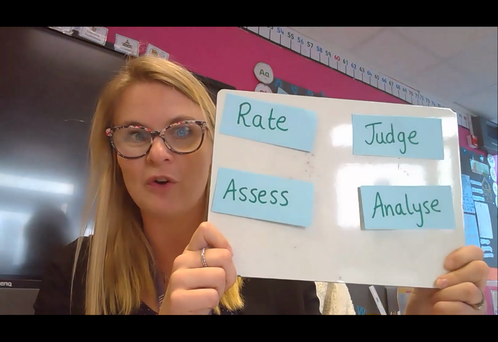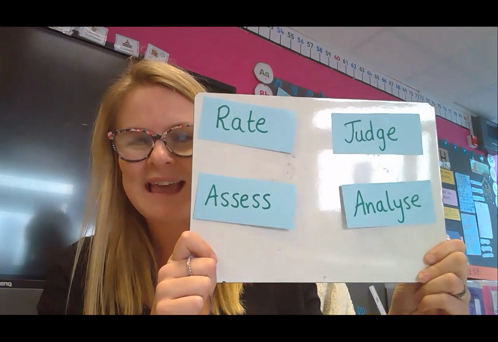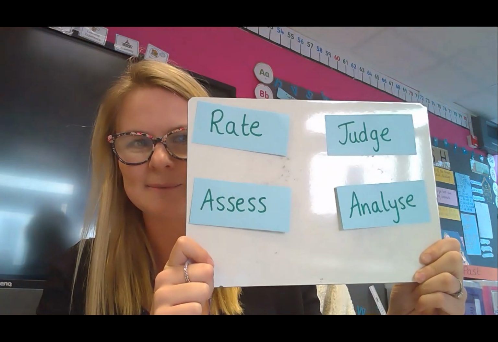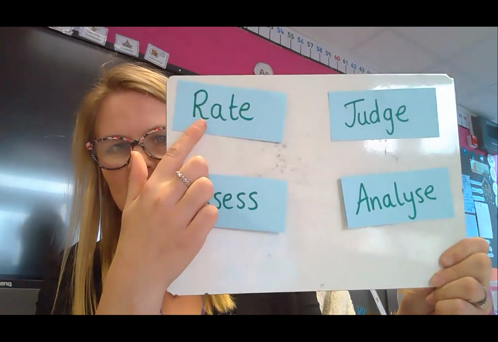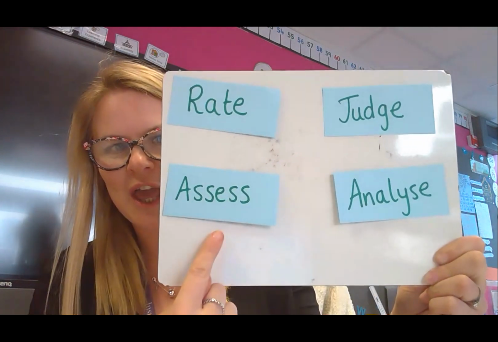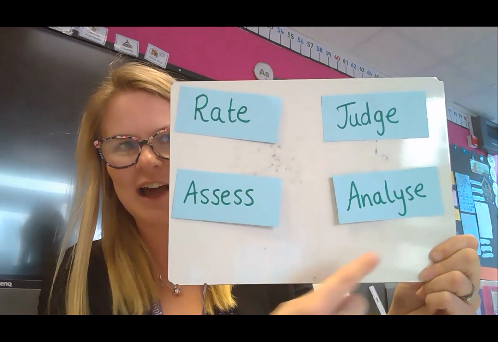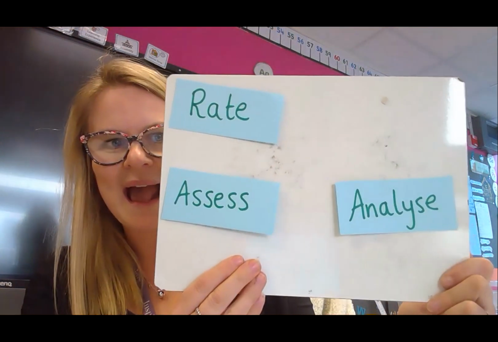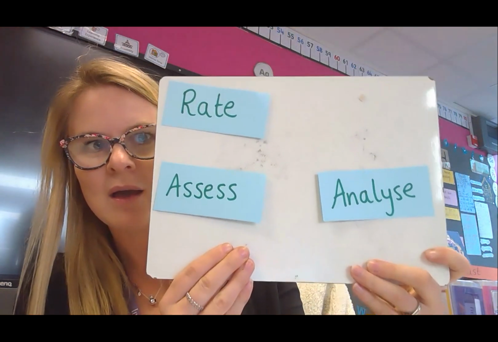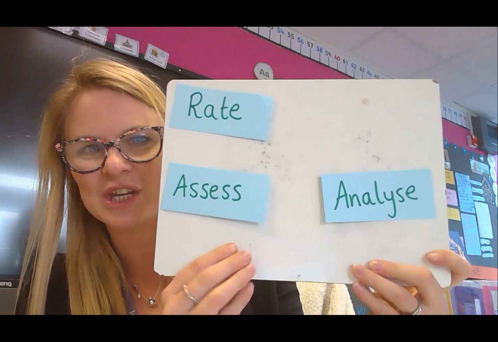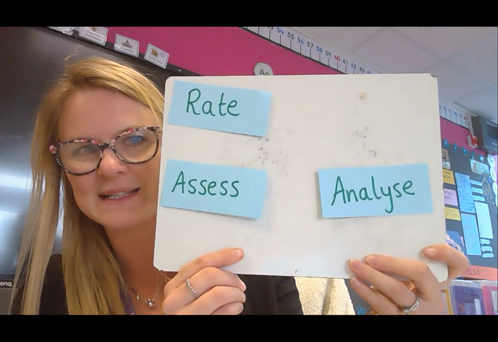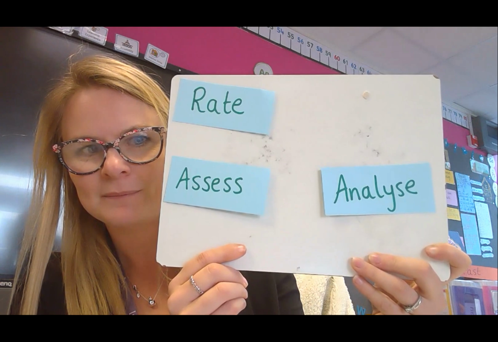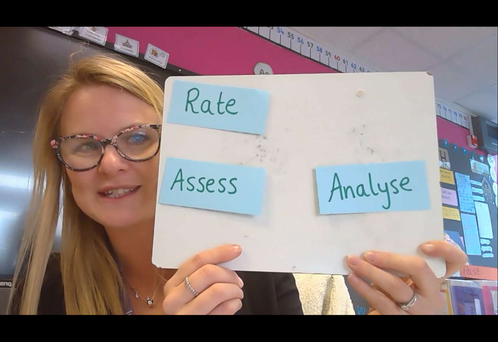So if you haven't played this before, I'm going to take one of them away and you need to work out which one it is. So have a look. Rate, judge, assess, analyze. I'm going to take one away. Which one have I taken away? Can you put your hands up and your teacher can get one of you to say which one it is? It was judge. Well done.